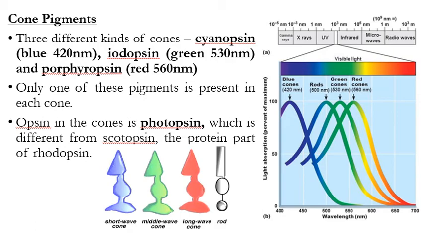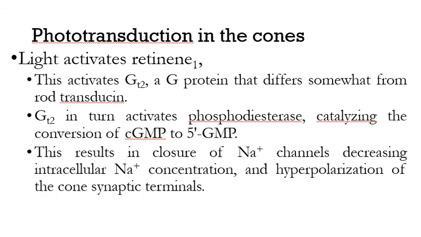Another component that I'd like to talk about is specific phototransduction in the cones. So light will activate retinene 1, and this will activate GT2, a G protein that differs somewhat from the rhodopsin transducin.